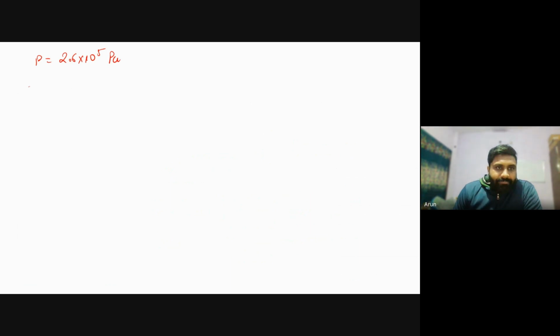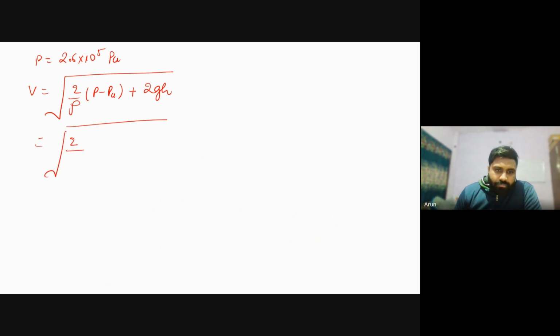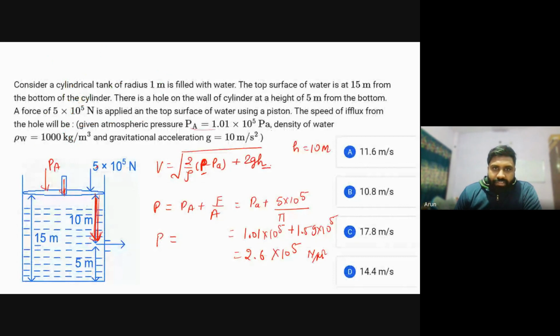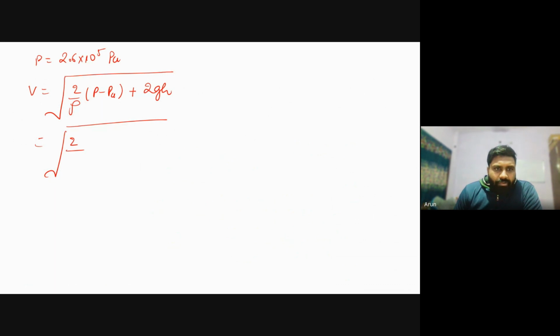Now we have all the data. We wish to calculate the square root of 2 by rho (P minus PA) plus 2gh. Now 2 by rho, what is this? This is water, so if it is not given, you must remember it. The density of water is 1000 kilogram per meter cube.